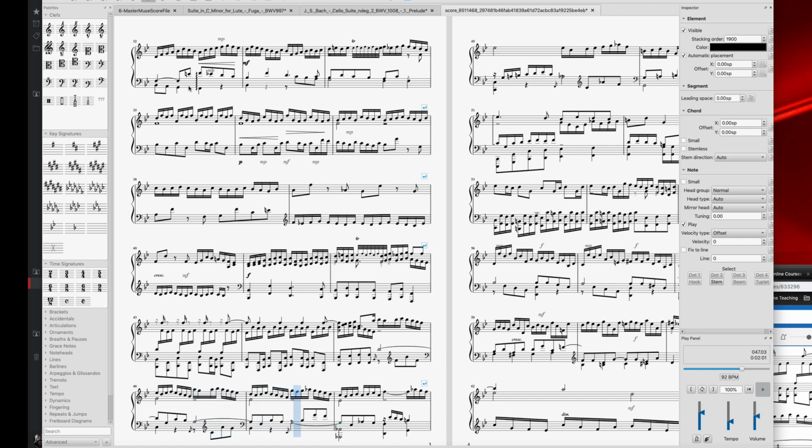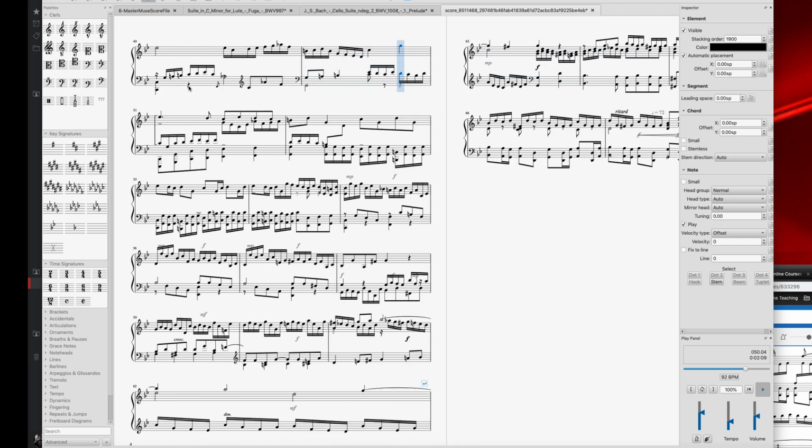We've heard this before. This is using some of those techniques we've just talked about. There it is again. We're back in minor.